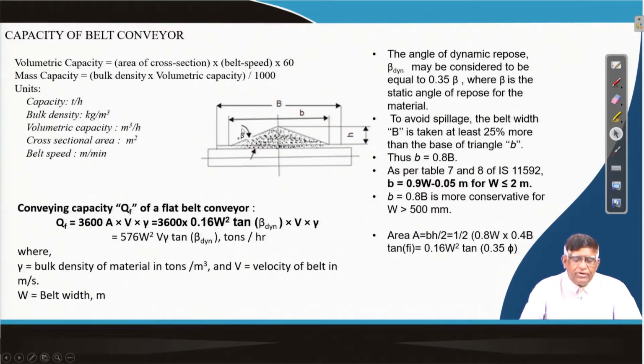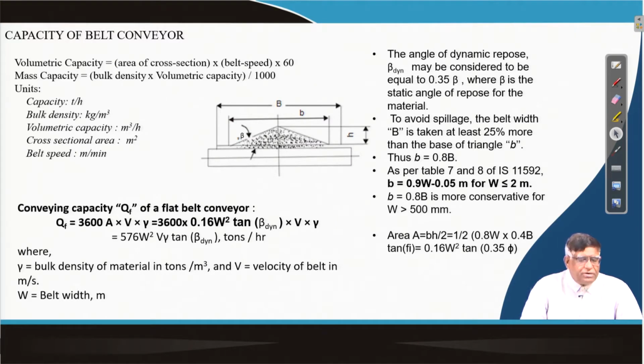That is called the dynamic surcharge. So, it depends on two types of capacity: one is the volume capacity, and the other is the mass capacity. These two things we always talk about. Now, for the conveying capacity, you will have to take care of the units.